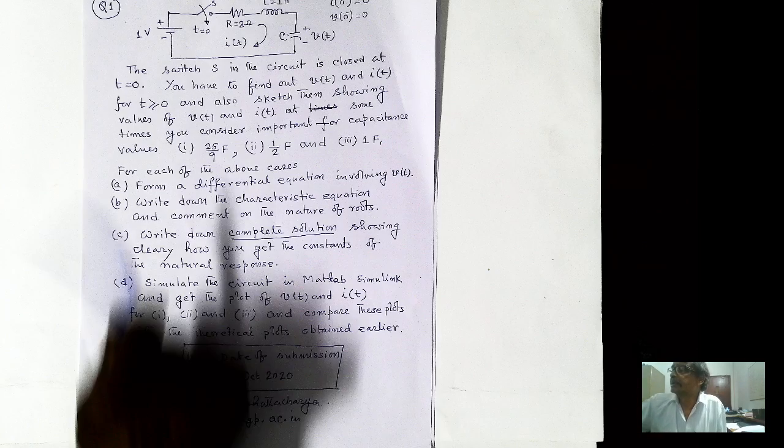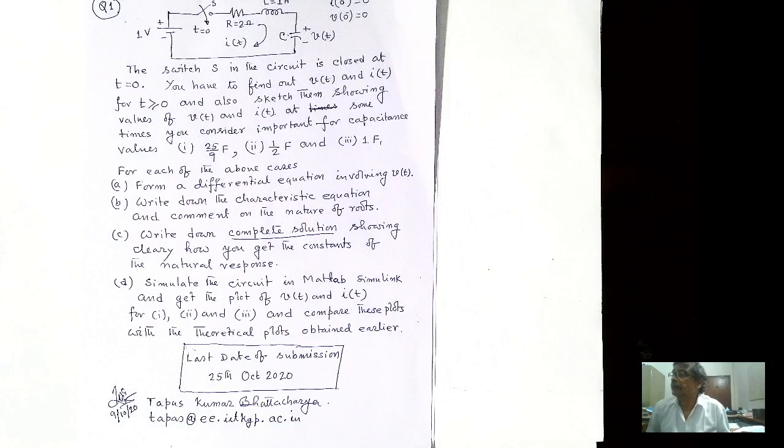So make this circuit and simulate it, and connect an oscilloscope also. It is available. See the current and voltage waveforms and plot them. If you click the oscilloscope, the respective current waveform and the voltage waveform across the capacitor will come.